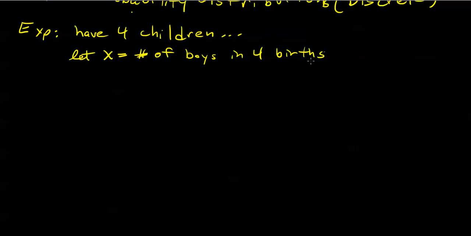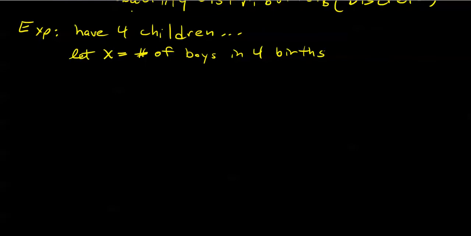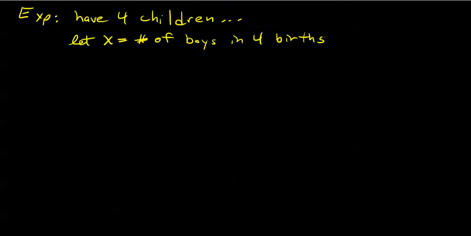Alright, well, you may ask yourself, how many possible values of x are there? Well, let's make a list. I suppose the minimum number of boys in 4 births that you could have is 0. You could have 1 boy, you could have 2 boys, you could have 3 boys, or you could have 4 boys.